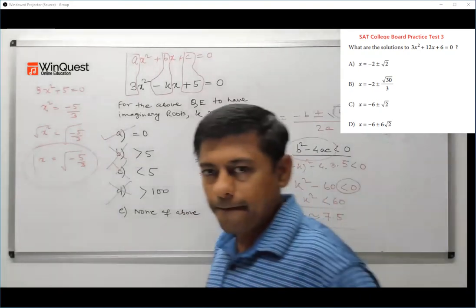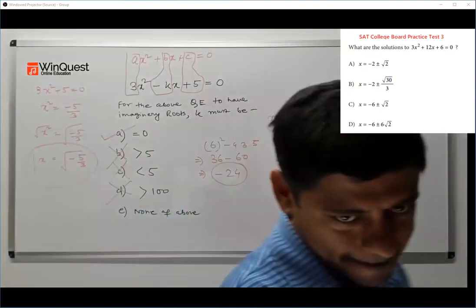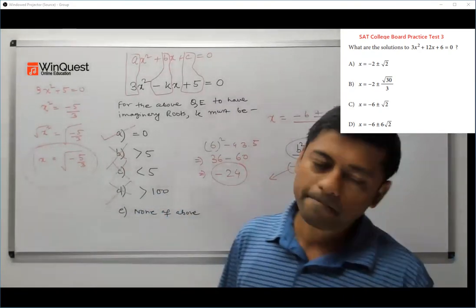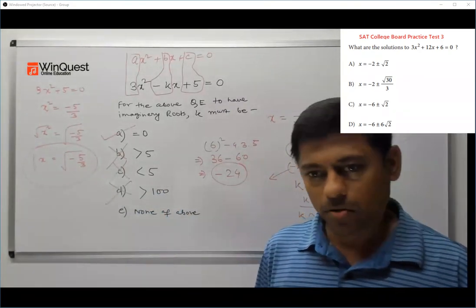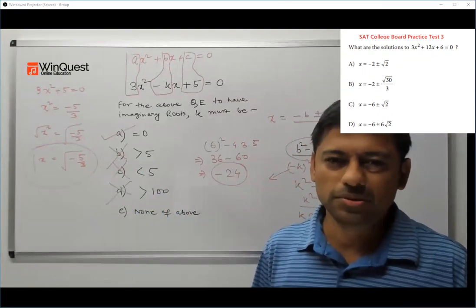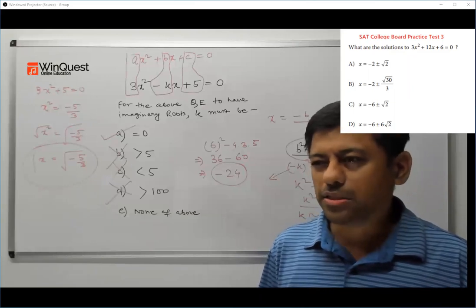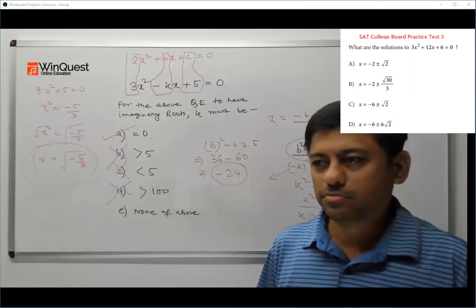I was confused. In the question, it says K must be, so K doesn't have to be 0. That's why I thought none of the above. Costo, I actually made up this problem.